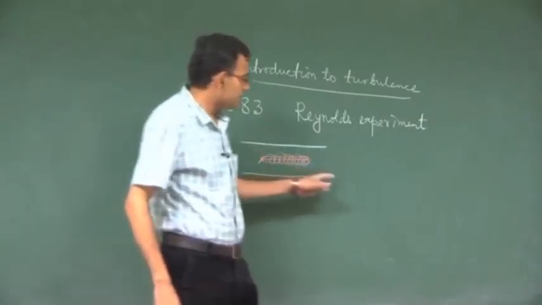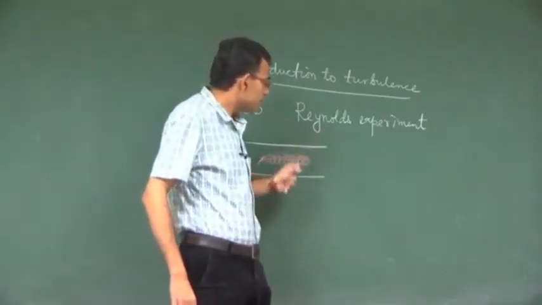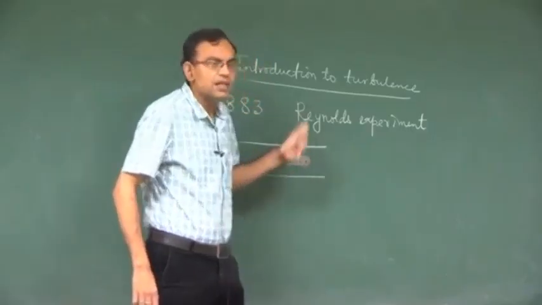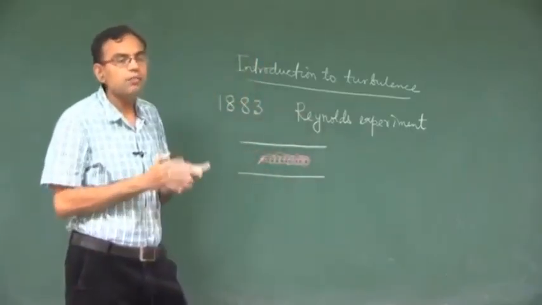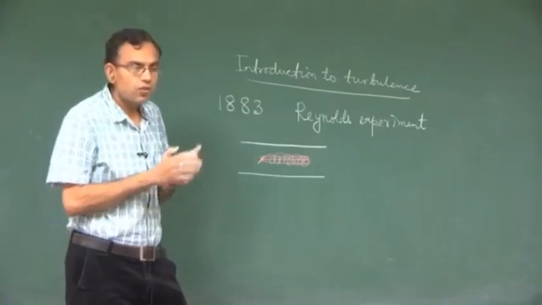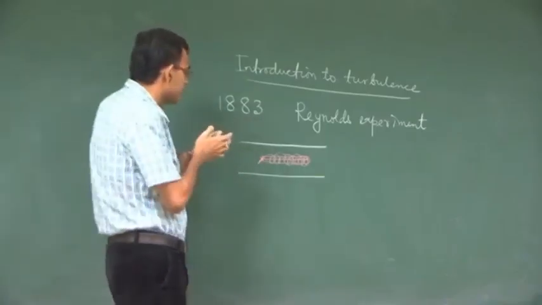So, Reynolds wanted to analyze these results in terms of the important physical parameters. So, what were the important physical parameters?